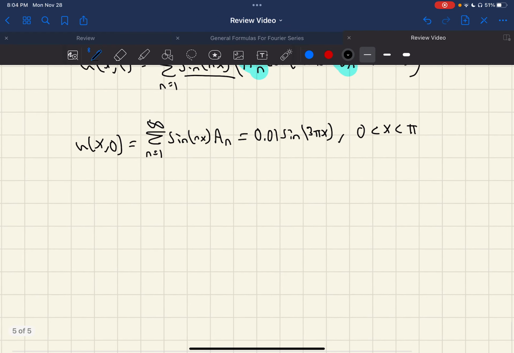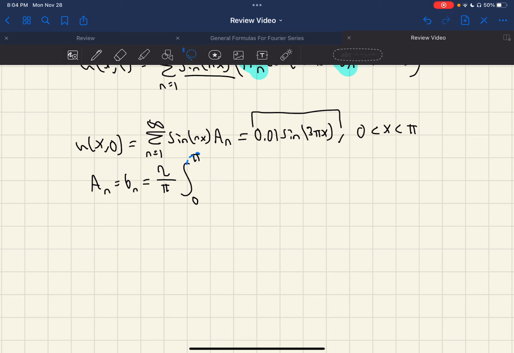So let me write that out. And our f of x in this case is this sine function. So we say capital A_n, we can just treat it as a lowercase b_n in a Fourier series. 2 over L, which is just pi. And then our integral is from 0 to pi of our f of x.